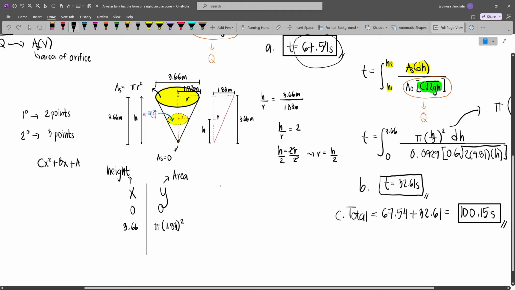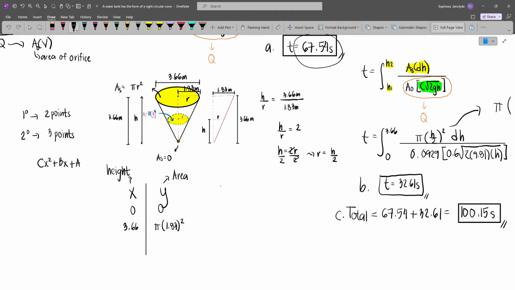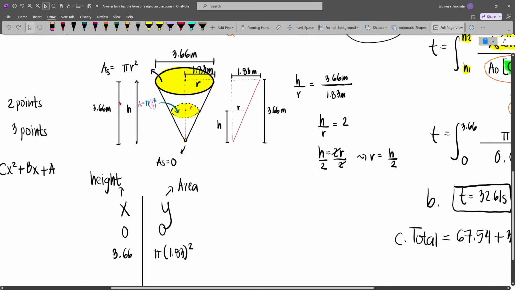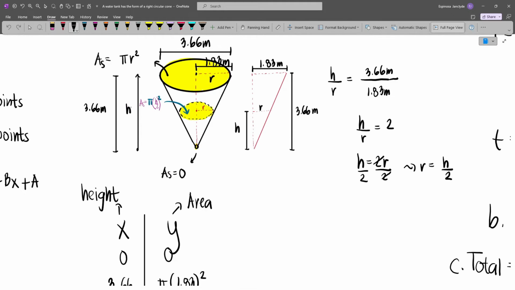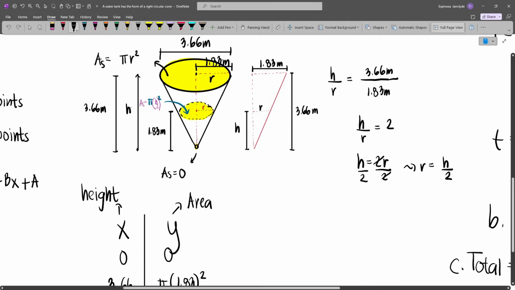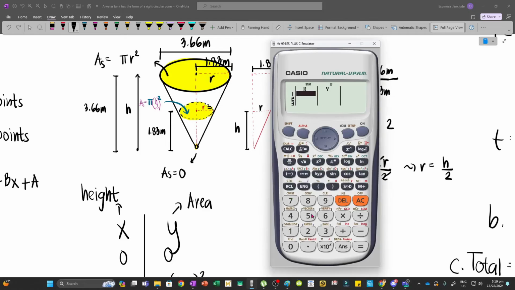And so we need to add 1 point. Usually, to make the third point easy, we'll just consider half of h. So let's say this is 1.83. By using ratio and proportion, since the triangle is linear, we can say that the r here is just half of 1.83. And so that will be 1.83 divided by 2. That's 0.915.